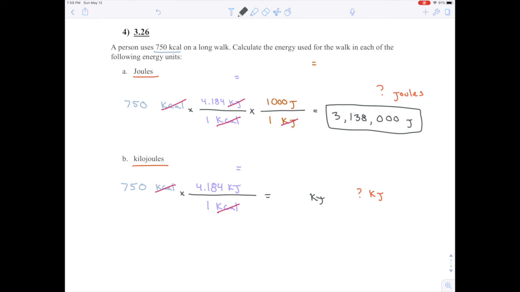And so for this, you would take 750 times 4.184, enter, should give you 3,138, divided by 1, enter, and we're left with 3,138 kilojoules. And so that would be how you would convert the kilocalories to first joules and then to kilojoules.